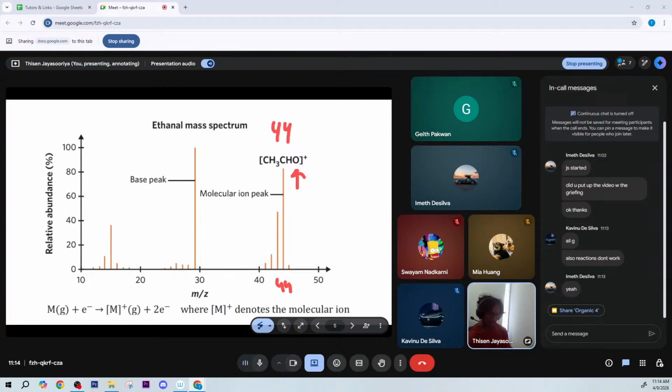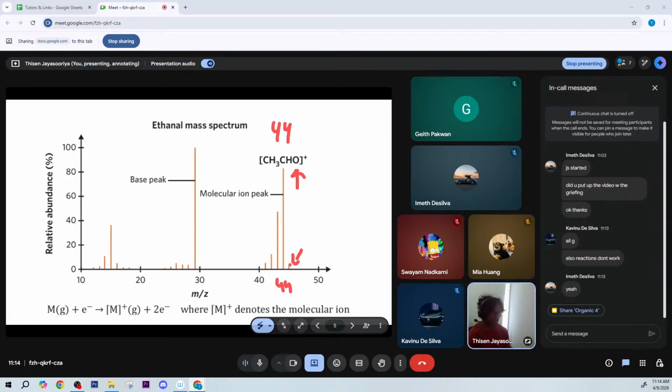That's the goal of the ion peak. It tells you the molar mass of the compound. The molecular ion peak tells you the molar mass of this specific compound.